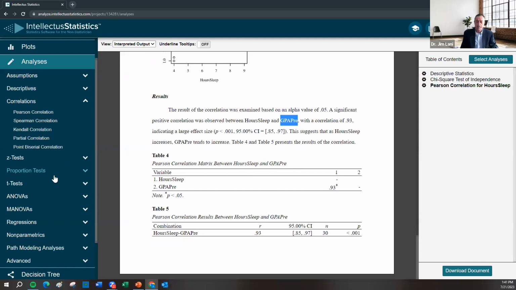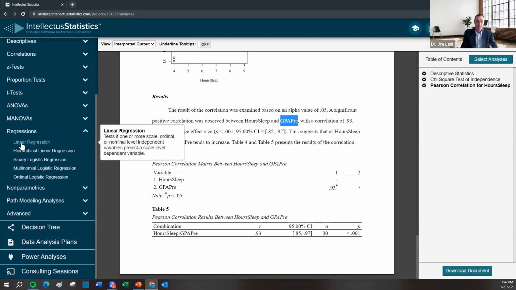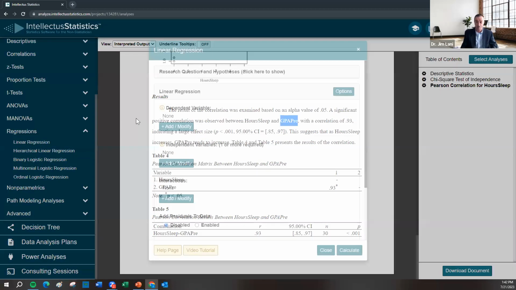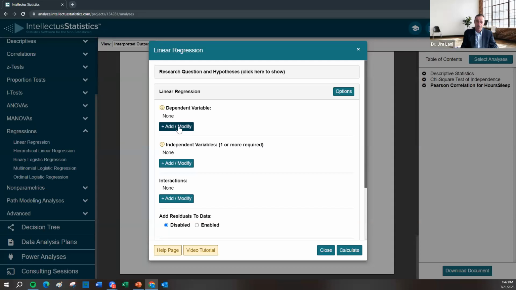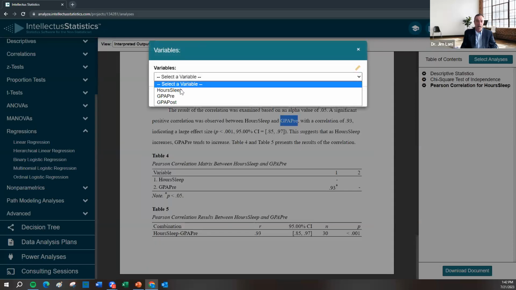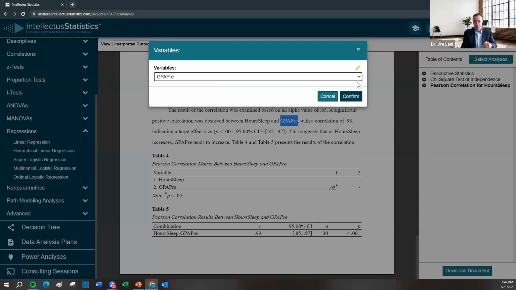Okay, let's go to the regression. As it turns out, if things are correlated, they are also predictive of one another. So let's go to that linear regression. Here, you can see the scroll over. Do these things predict a scale dependent variable? Here, we can put in the dependent variable, and I'll say I want to predict GPA pre.